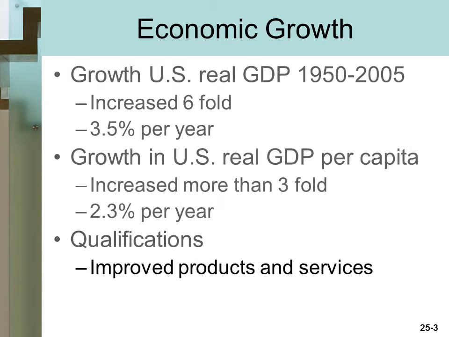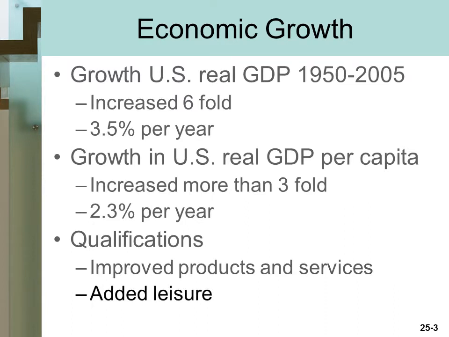Remember, products and services continue to get better. So even though the economy grew sixfold from 1950 to 2005, it actually did better than that if we could somehow mathematically incorporate the improvement in products and services.